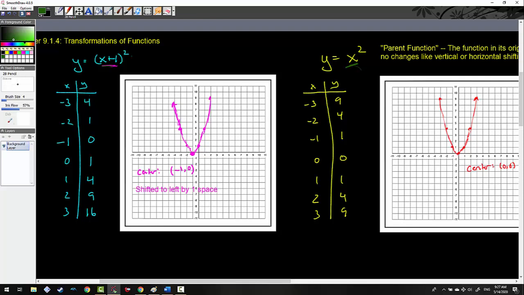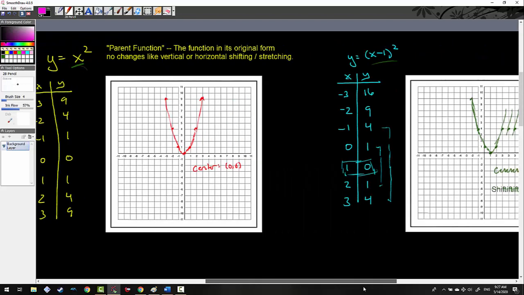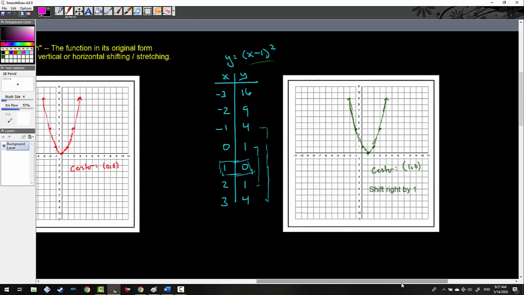That creates a horizontal shift to the left by the number in question. In this case, a plus 1 indicates a shift to the left by 1. If I throw down a minus 1 on the inside of the function, before the function happens to it, then what I get is a shift to the right by 1.